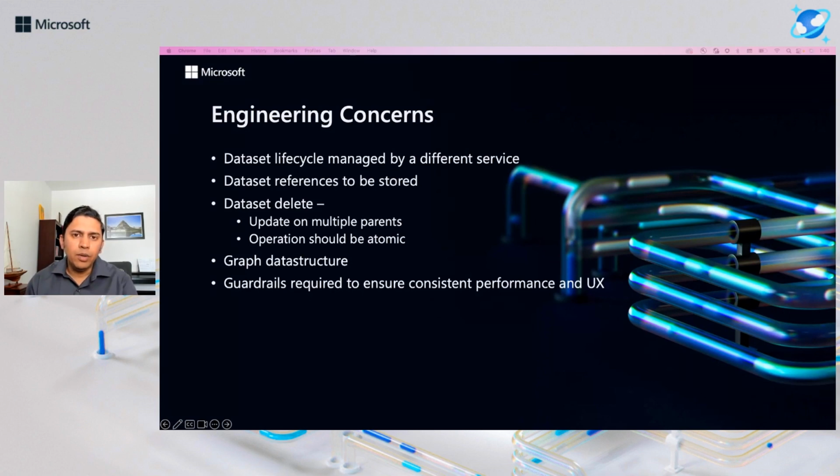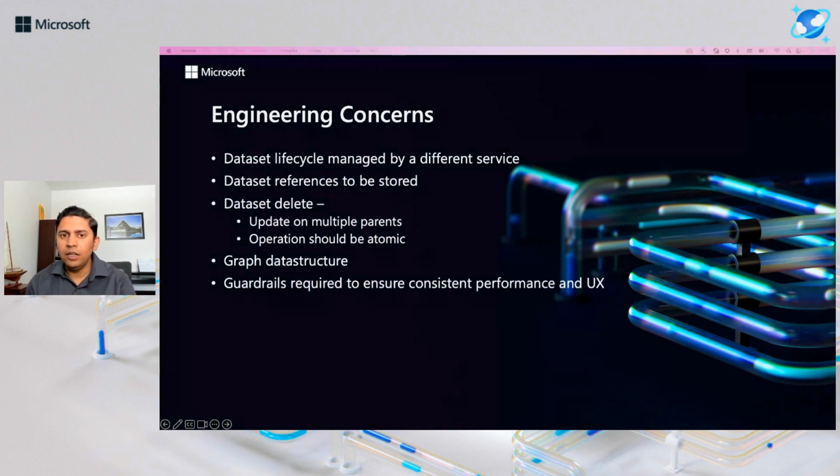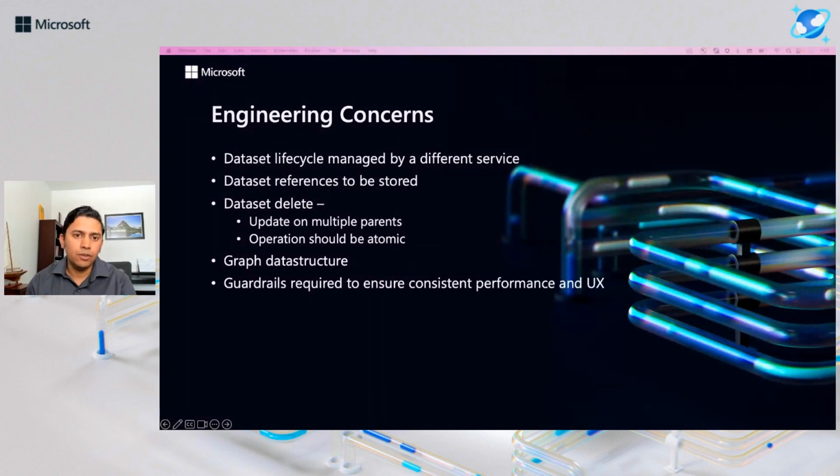Another important aspect is that, as we discussed earlier, it is a graph data structure, and graph data structure presents its own unique challenges. In graph data structure, you're almost always guaranteed to run into graph traversal scenarios, which can be very complex. Another problem that graph data structure presents is that it can result in complicated user experience.